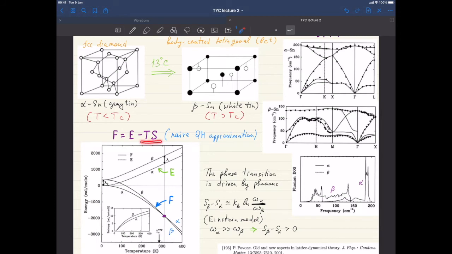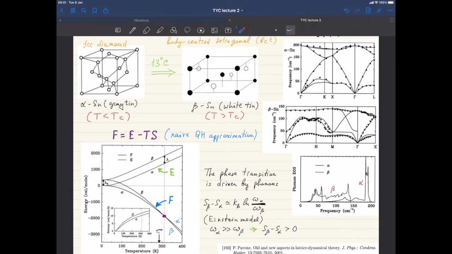And because the entropy comes into the free energy with a minus sign, the free energy of the beta-tin at some point becomes lower than the free energy of the alpha-tin. And indeed, if they plot it here, you can see the free energies of alpha and beta-tin. And at that point here, around 300, just over 300 K, they cross.